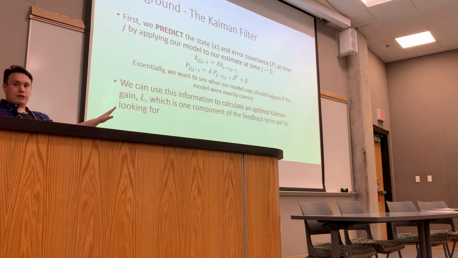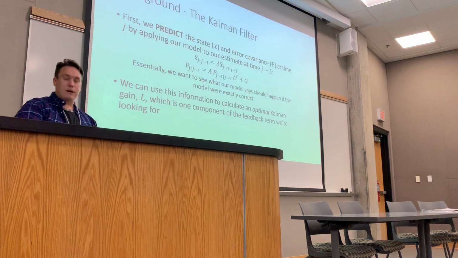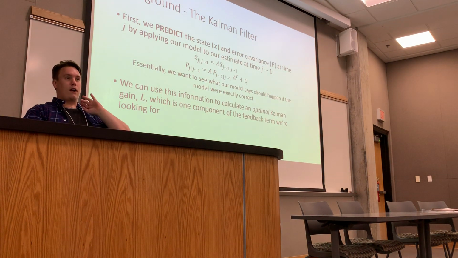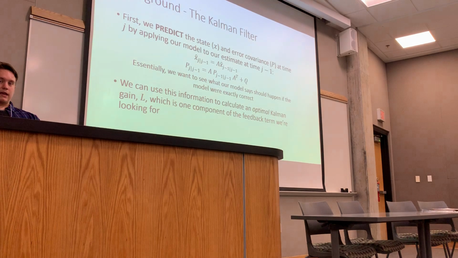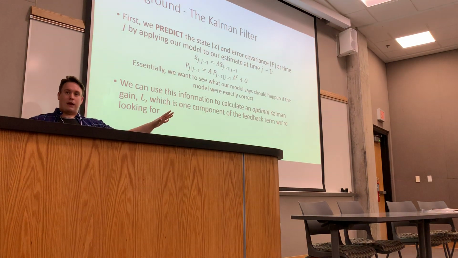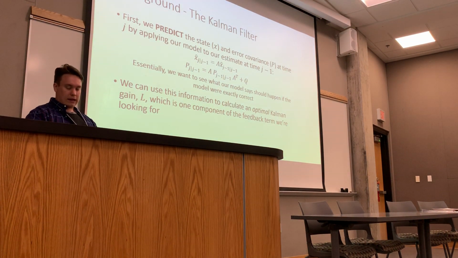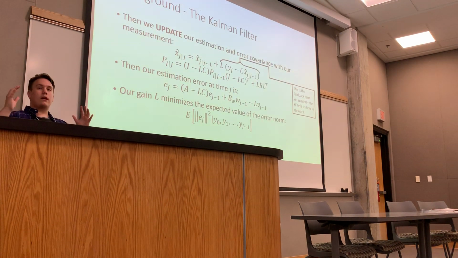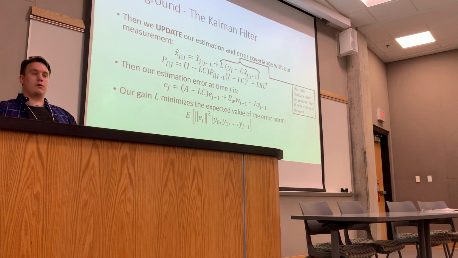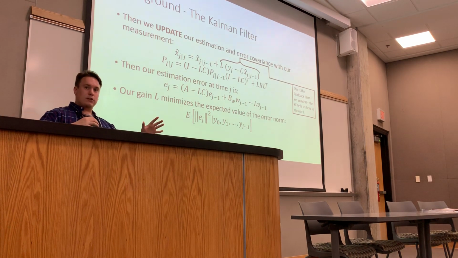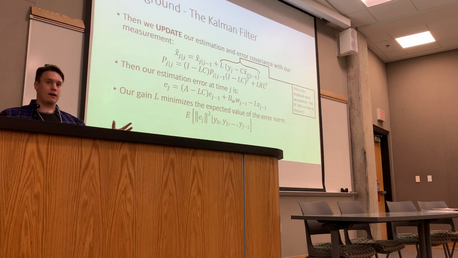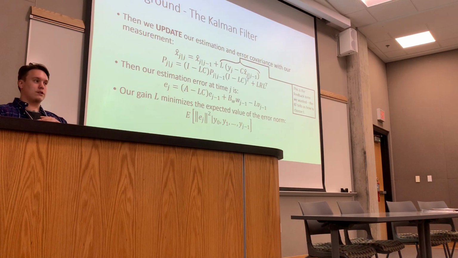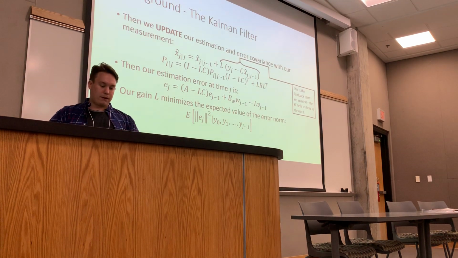So now that we have our prediction, we're going to take a measurement of the system. We're going to see, all right, this is what the model says we should get. Here's what we actually see. And again, that measurement is not always 100% accurate. So we're going to update those two. We're going to use knowledge of what we predicted should happen versus what we see happening, and try to reconstruct what actually happened.